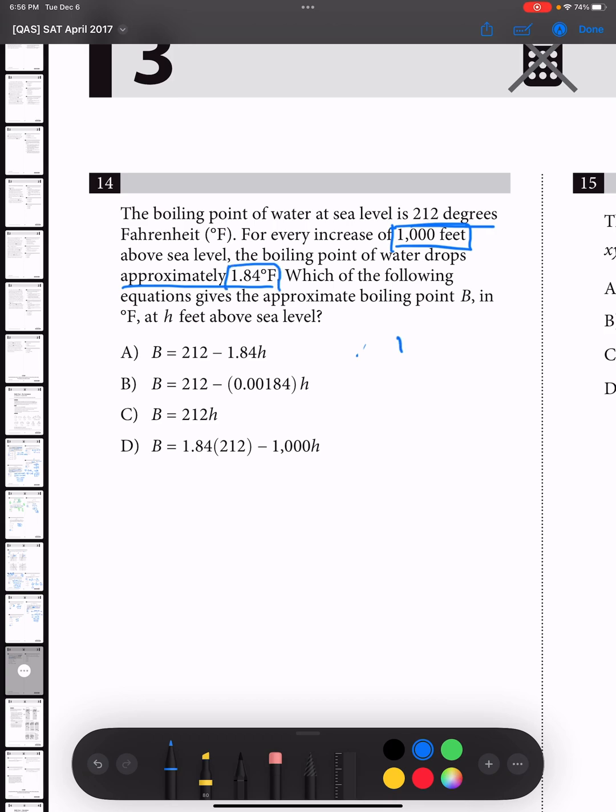So I'm going to divide 1.84 by 1,000, and that'll give us 0.00184. And that's our slope in this case. And we start off with 212. We know that it's decreasing because the water boiling point drops. So we see that we have our variable here, and we also have a decreasing equation. So that means B is our answer.